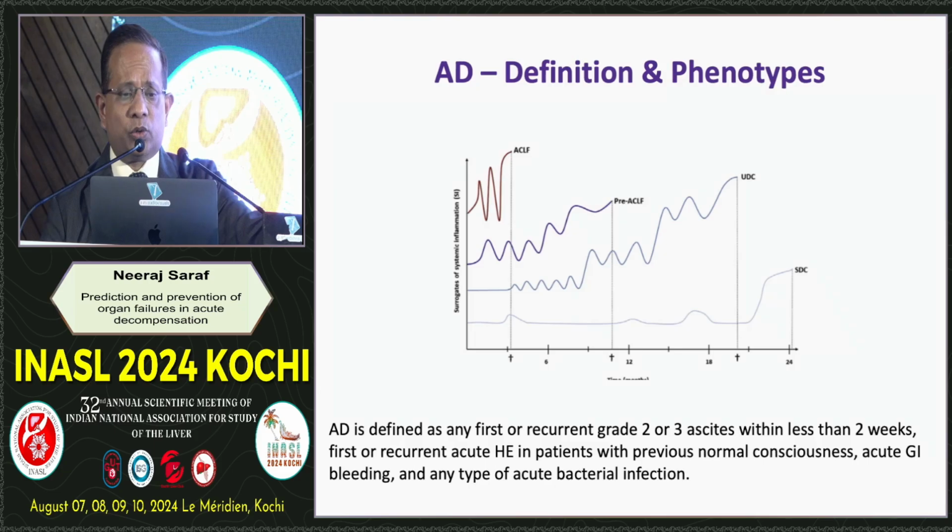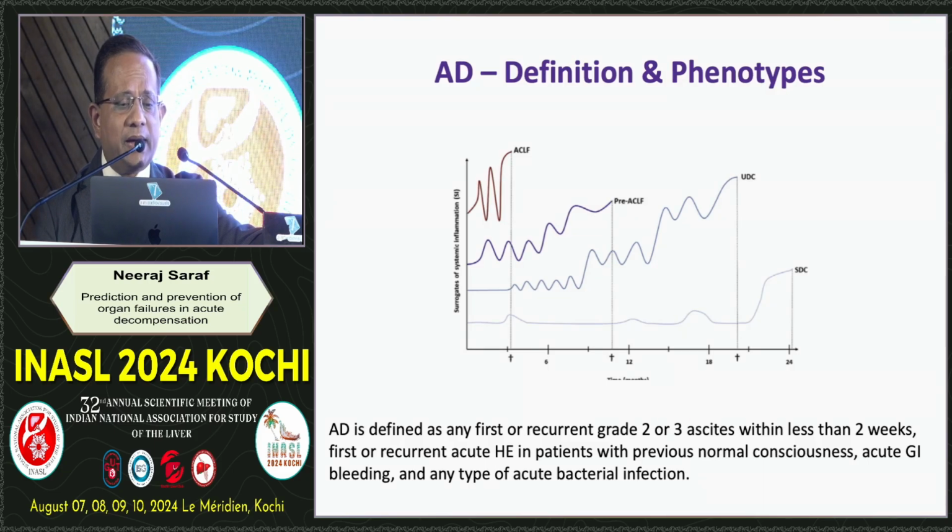So what is acute decompensation? This is defined as any first or recurrent grade 2 or 3 ascites within less than 2 weeks, first or recurrent acute hepatic encephalopathy in patients with previous normal consciousness, or acute GI bleeding and any type of acute bacterial infections.